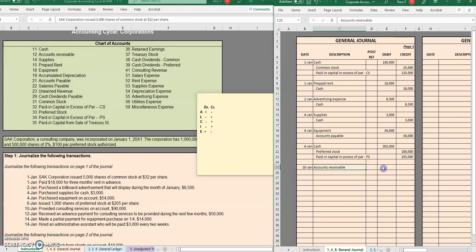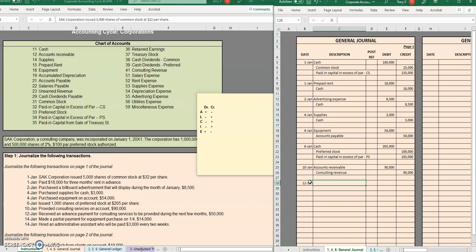So that would be accounts receivable for $90,000. And then our revenue account is consulting revenue.